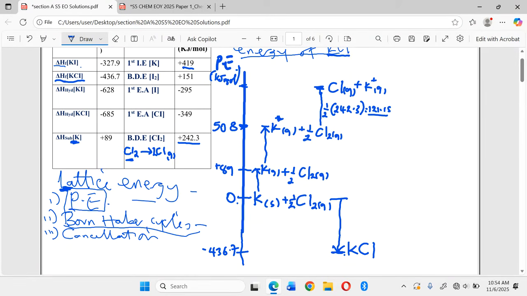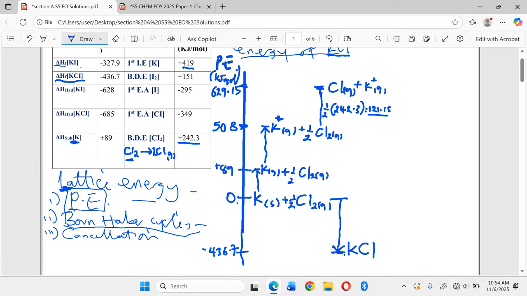So when we get 508 plus 121.15, what do we get? We shall be able to get 629.15. So that is the value that we have at this stage. Hope that one is clear.